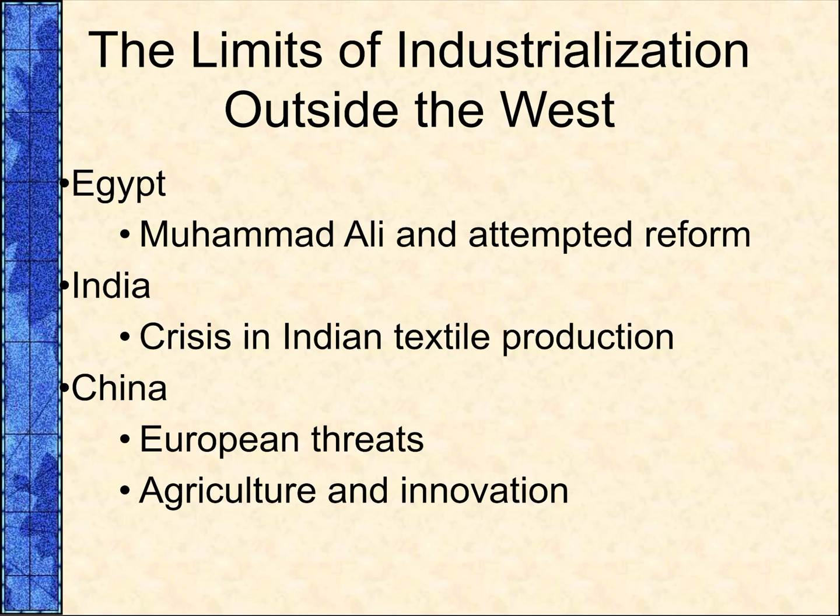All right, so let's talk about the rest of the world real quick and then we'll finish up. The rest of the world outside of Europe and England was also trying to industrialize. In Egypt, Muhammad Ali, who was the ruler of Egypt, took on a program of industrialization funded by the export of wheat and cotton, and protected by high tariffs on imported goods.